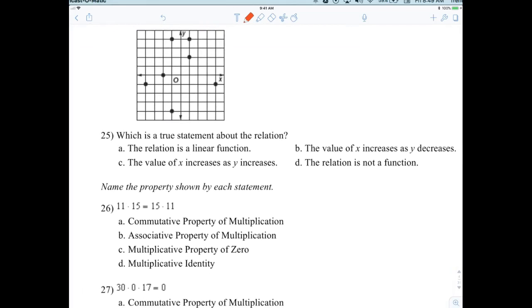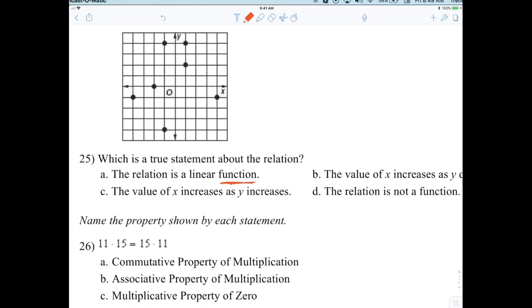Now we're going to talk about whether or not something is a function. You recall, if something is a function, the x values are not repeated. The x values are not repeated. So in this case up here, are the x values repeated? Yes.